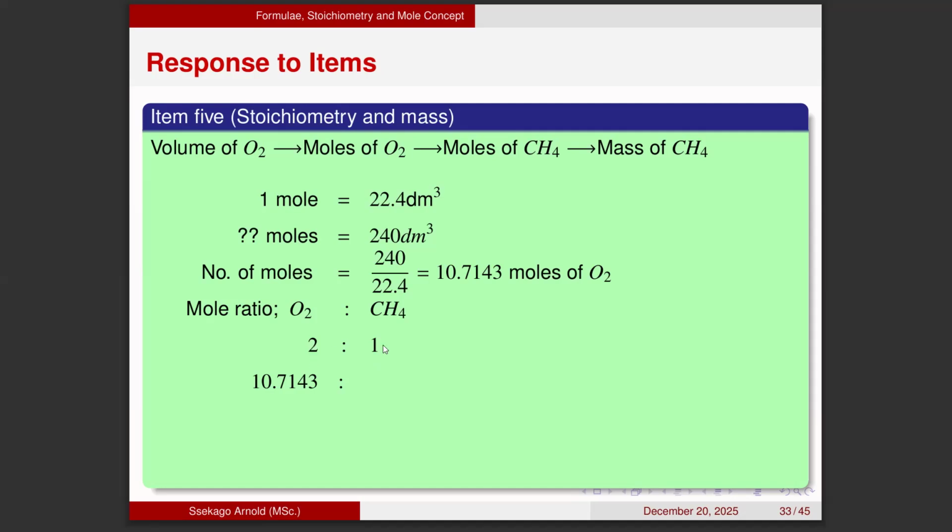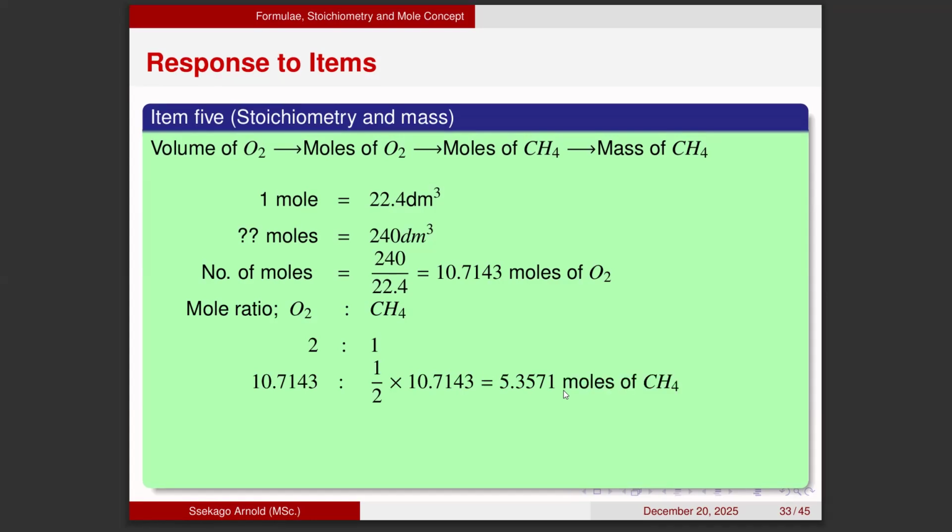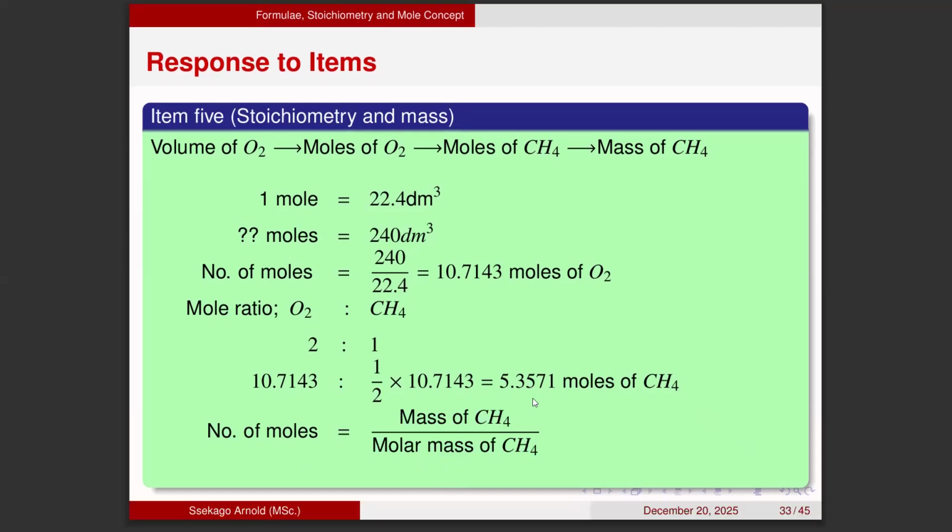If 2 moles react with 1 mole, then 10.7143 will react with 1/2 times 10.7143, and this gives 5.3571 if you calculate it. They are moles of CH4. Now we have moles of CH4. We convert these moles to mass. What do we use in this case? We use number of moles is equal to mass of CH4 over molar mass of CH4.